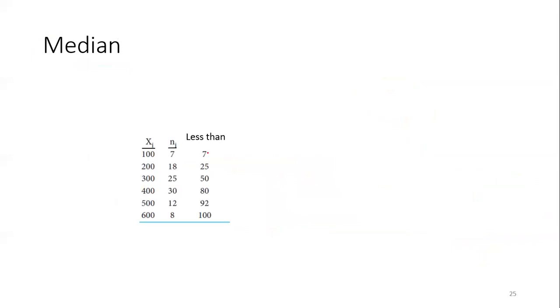Okay, so let's find the median of a data which is given in a frequency table. So here you have 7 many hundreds, 18 many 200s, 25 many 300s, and so on and so forth. So what you can do is you can write a less than column. So this one says that there are 7 items which are less than or equal to 100.